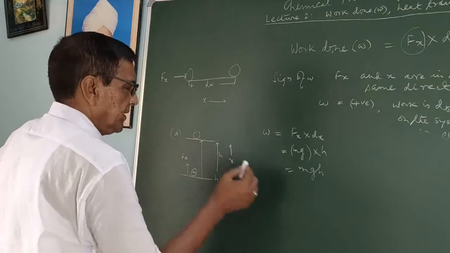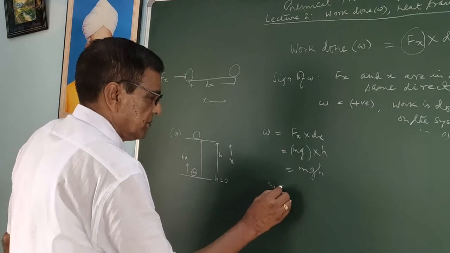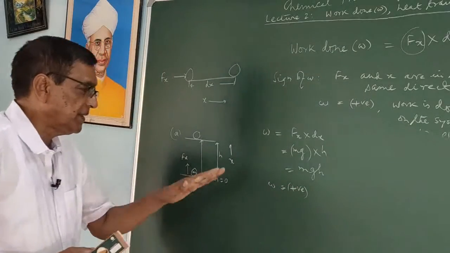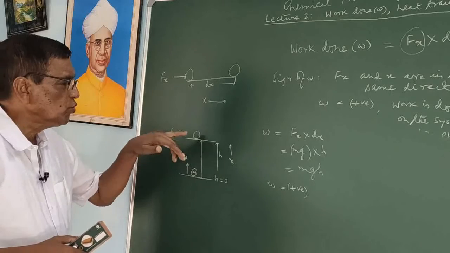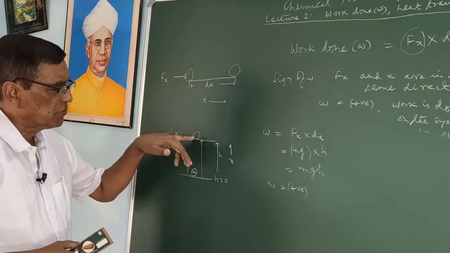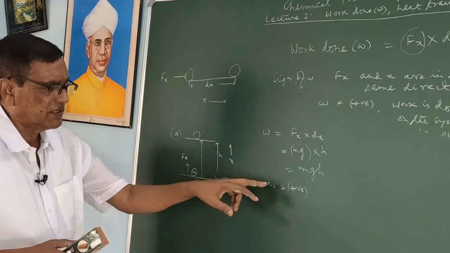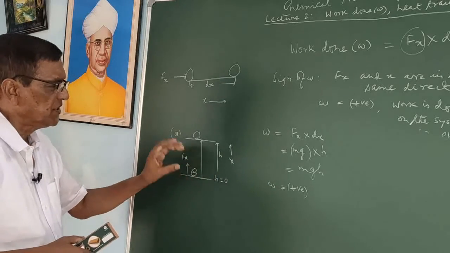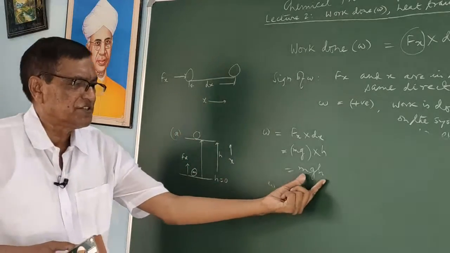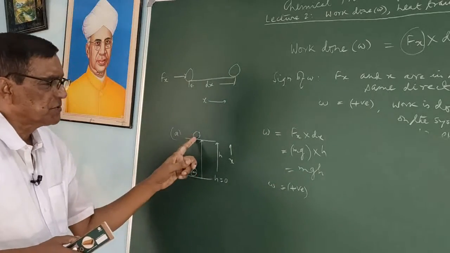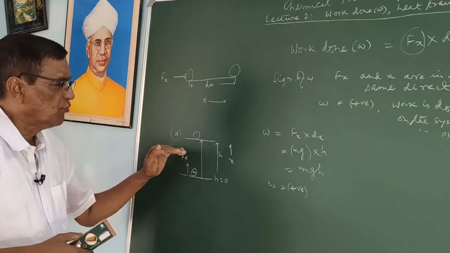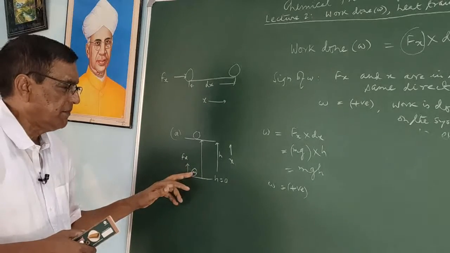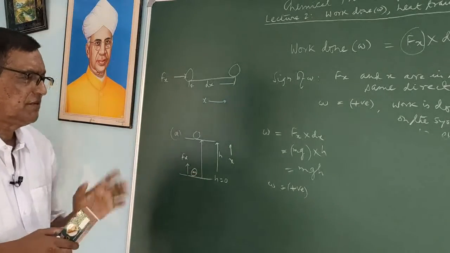Whenever it is lifted, W is positive, meaning work done by the surroundings on this body, and this body acquires this work in the form of energy, which is the potential energy. This potential energy of the body is equal to the amount of work required to lift the body of mass m from this level to this level.